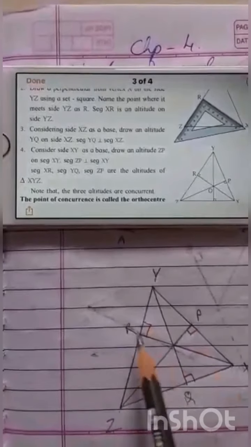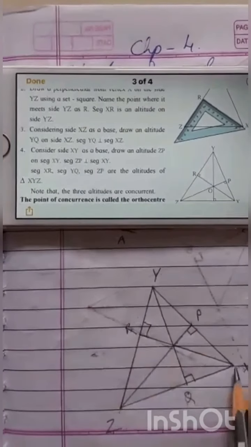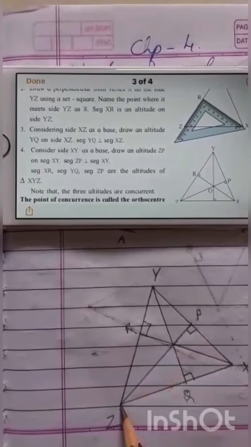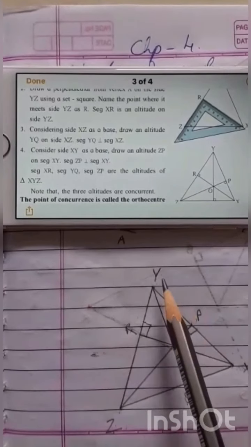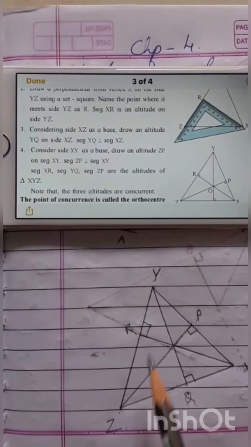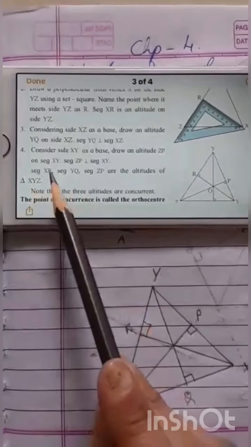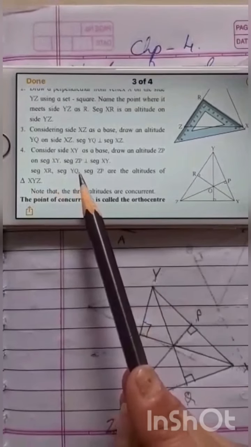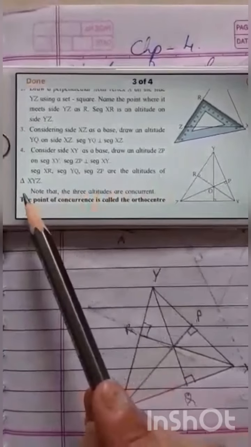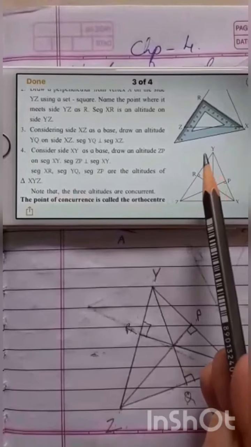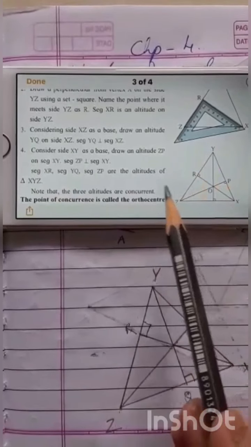Segment XR is one altitude, segment PZ is another altitude, and segment QY is the third altitude. So segments XR, QY, and ZP are the altitudes of triangle XYZ.